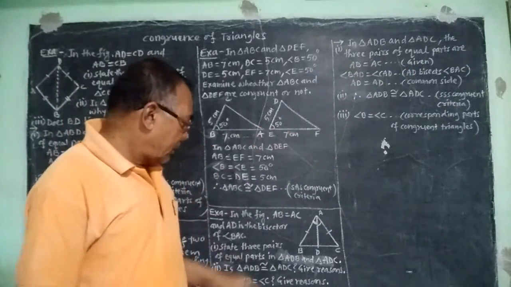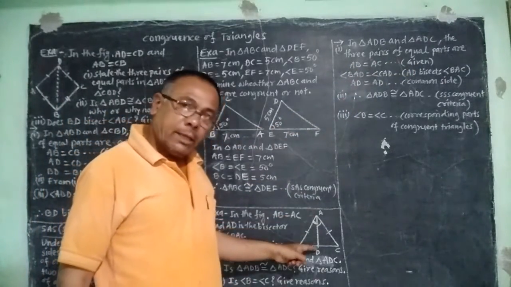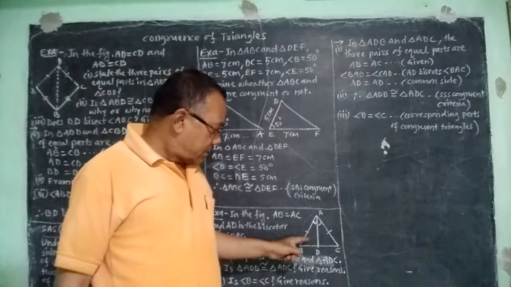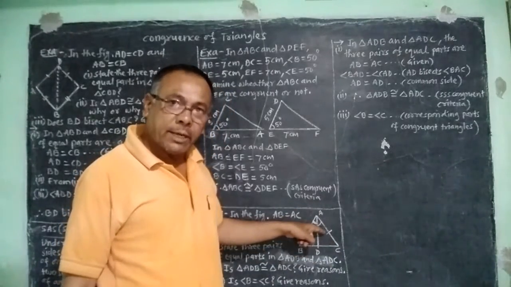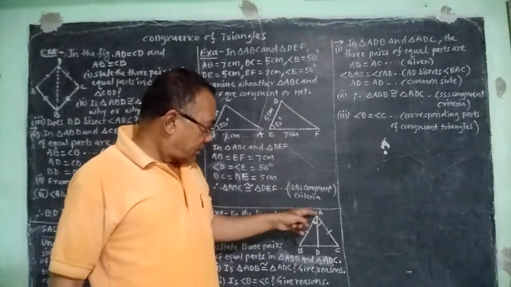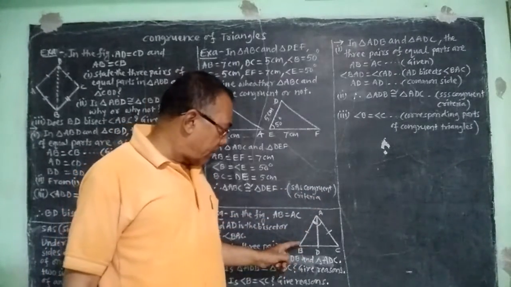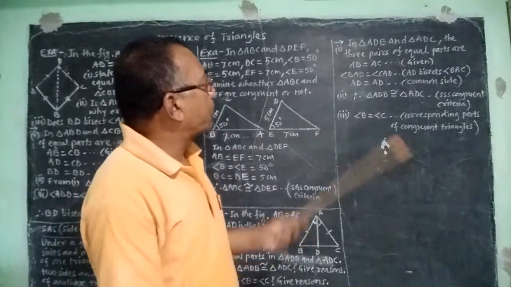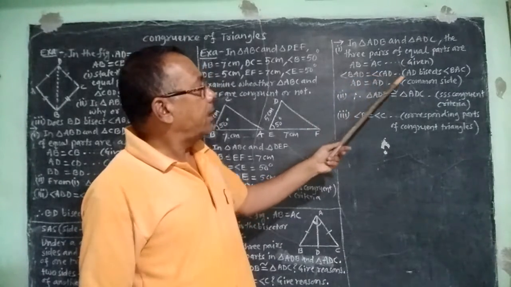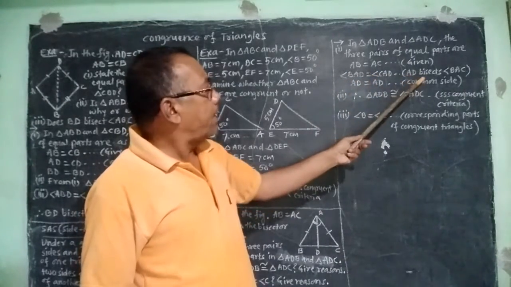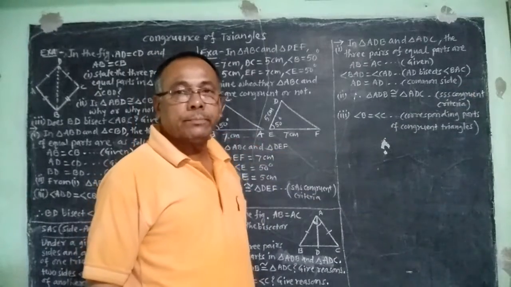Then angle BAD of the first triangle is equal to angle CAD of the second triangle, because AD is the bisector of angle BAC, and therefore angle BAD is equal to angle CAD, and the reason is AD bisects angle BAC.